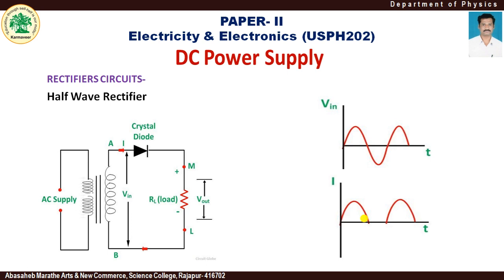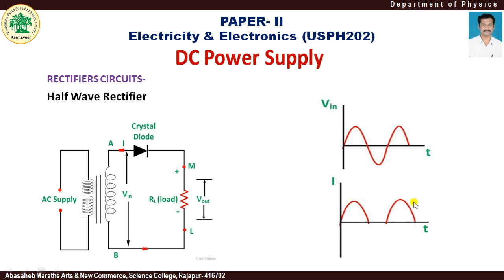Now, therefore, the current flows through the diode during the positive half cycle. After this negative cycle, there is again the positive half cycle, so the process will be the same again.